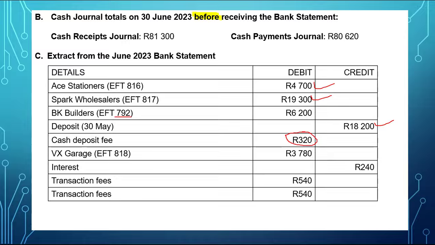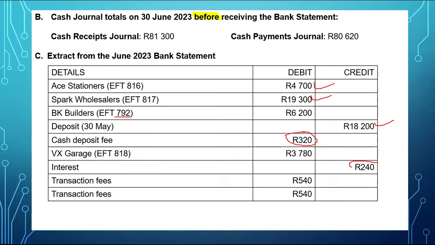We also have VX Garage EFT for 3,780. It does not appear on the other side, so I'll just wait to see what's happening with that when I read additional information. And then we've got interest of 240.